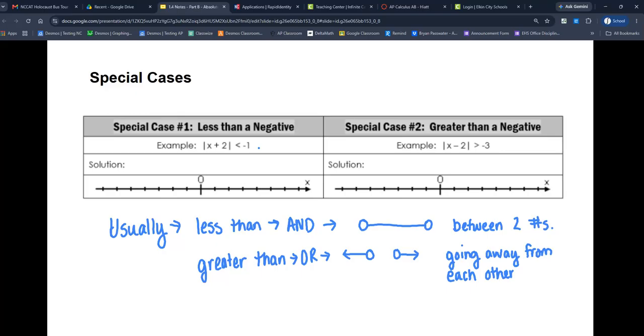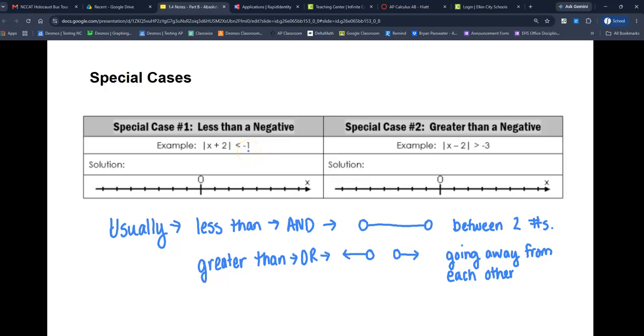What kinds of numbers are less than negative 1? Like negative 9 would work? Bigger negative numbers, right? All numbers less than a negative number are also negative. So this is definitely a negative number.